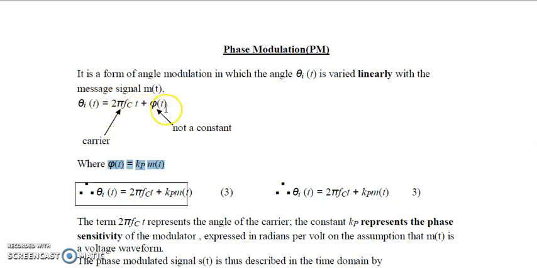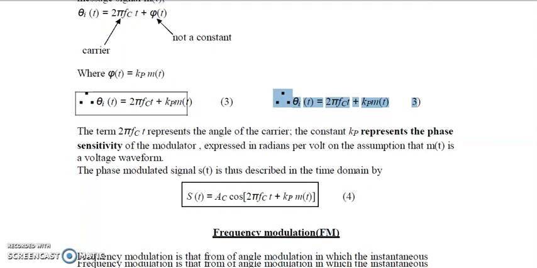Then we get the final formula for the modulated phase: theta i t is equal to 2 pi fct plus k p m t. We have replaced this phi t value with k p m t. Okay, let's move.